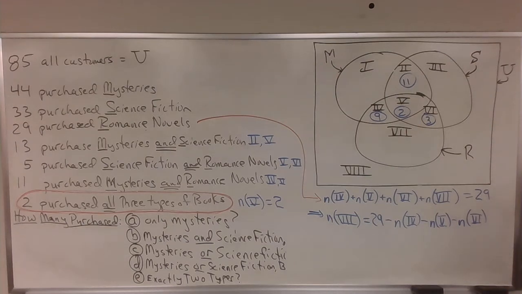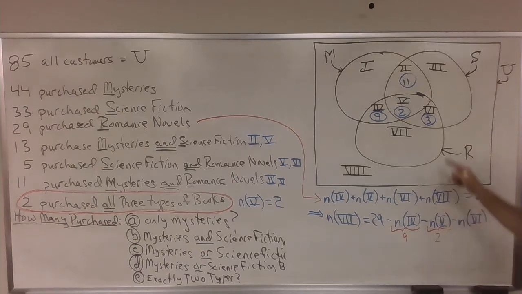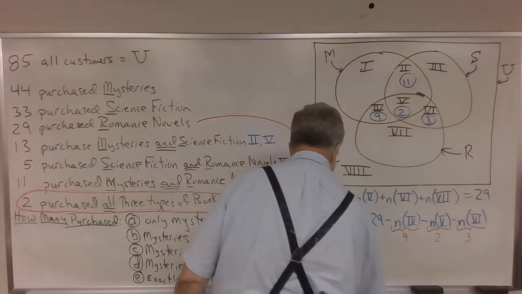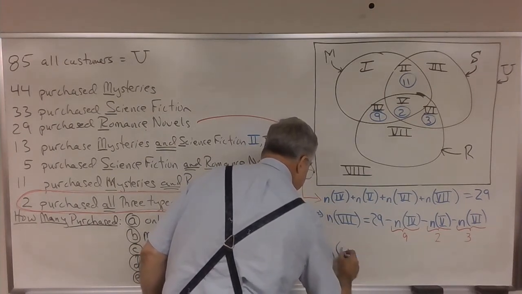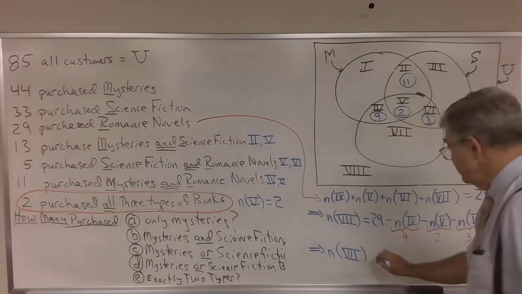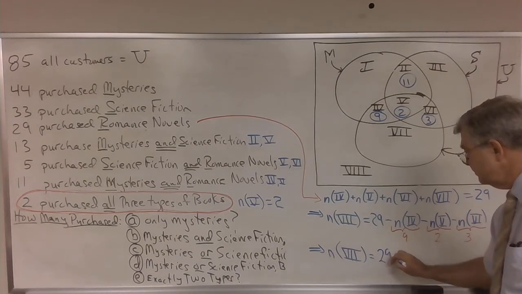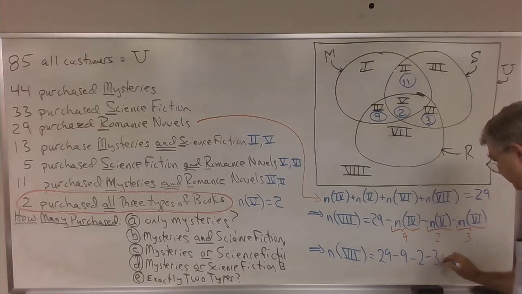And again, we know all of these things. Region 4, that's 9. Region 5, that's 2. Region 6 is 3. So the number of people in region 7 is equal to 29 minus 9 minus 2 minus 3.